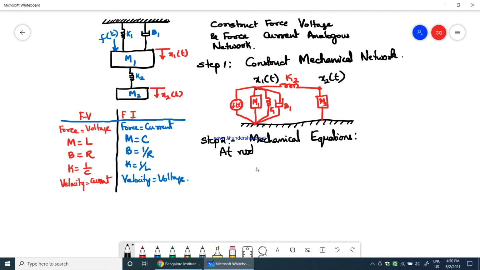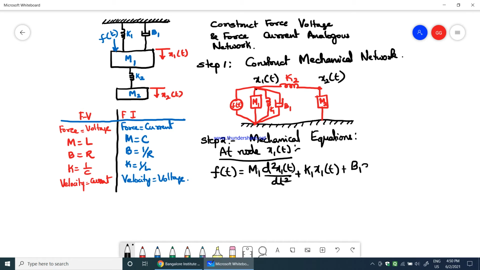The applied force F of t will be equal to m1 into d square x1 of t by dt square, plus k1 into x1 of t, plus b1 into dx1 of t by dt, because k1 and b1 are connected only between x1 of t and ground, and that is why they have only x1 of t. Now k2 will have both x1 of t and x2 of t, therefore k2 into x1 of t minus x2 of t.